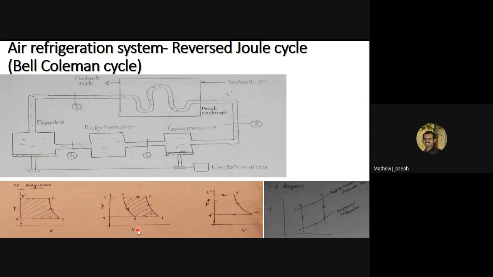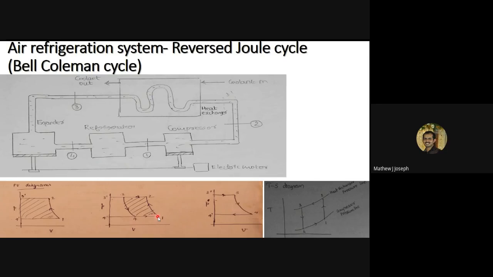The air refrigeration system, or the reversed Joule cycle, or the Bell-Coleman cycle can be represented in the PV diagram like this: 4 to 1, that is the heat absorption process from the refrigerator happening at a constant pressure.